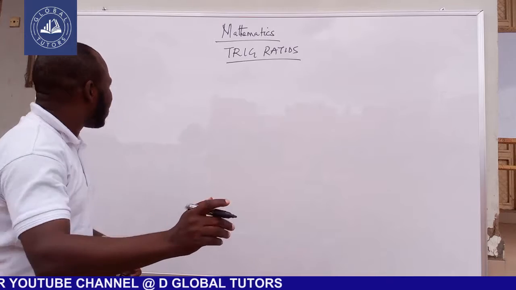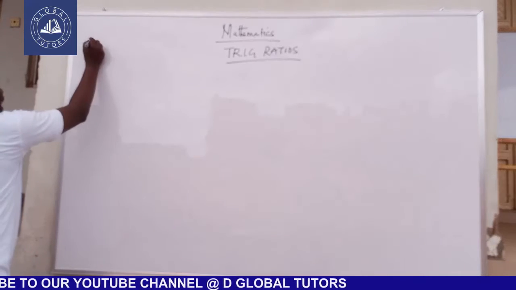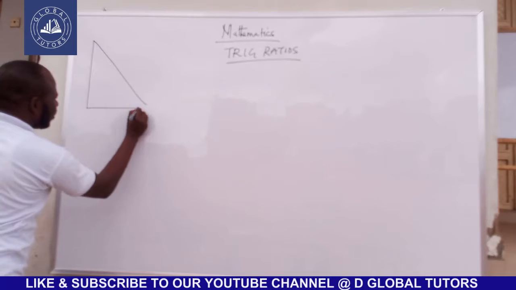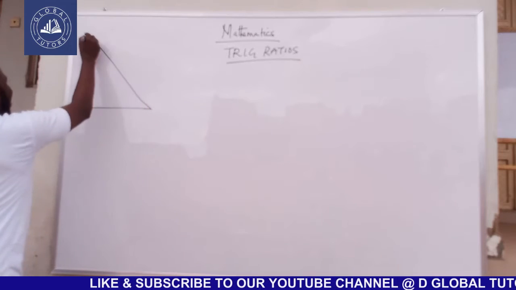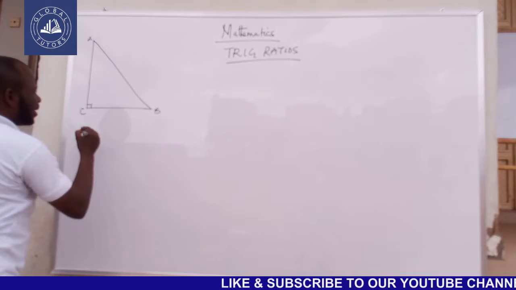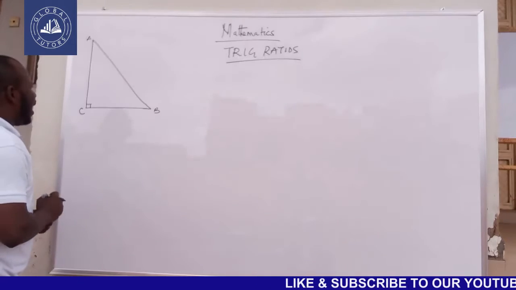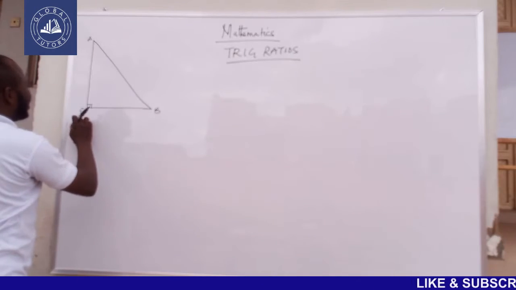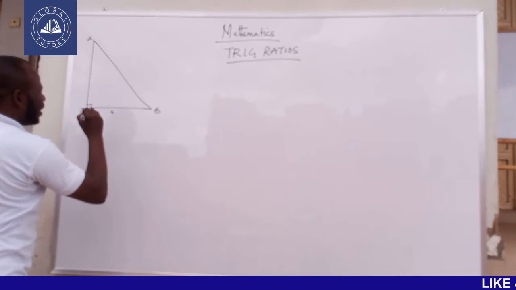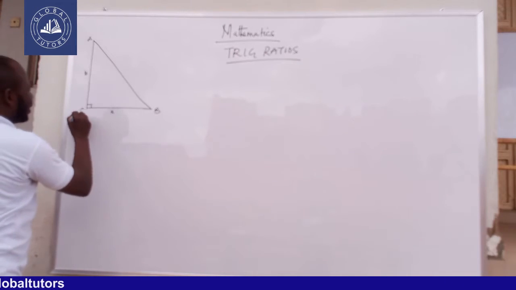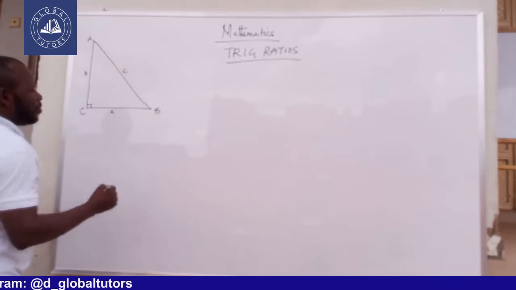Let's continue. We drew a diagram like this in that class, a right angle triangle. And I said a right angle triangle is a triangle whose one angle is 90 degrees. If you draw a right angle triangle ABC, the side facing angle A will be a, the side facing angle B will be b, the side facing angle C will be c.